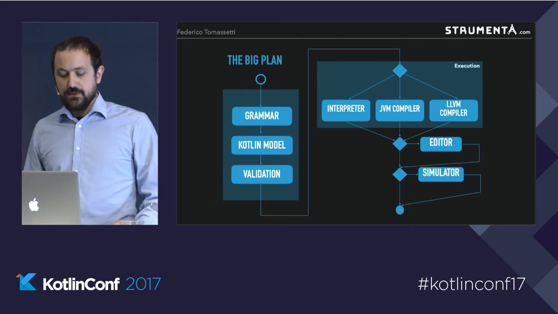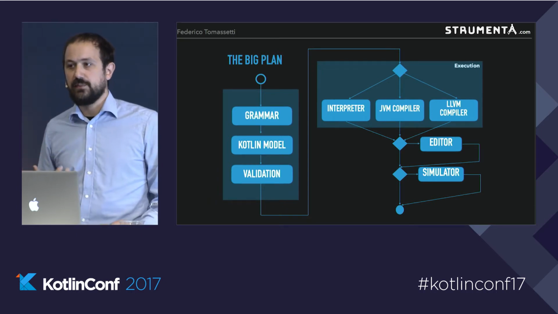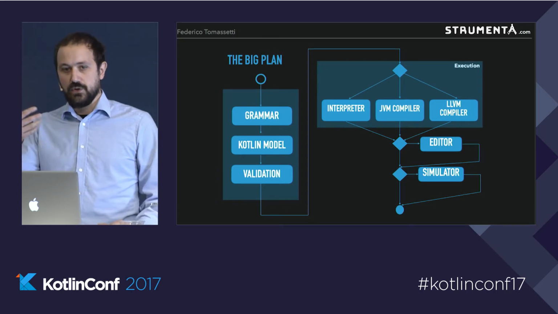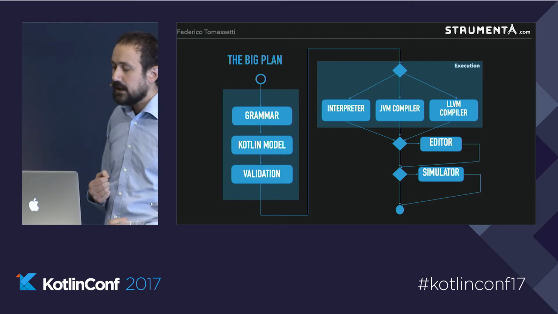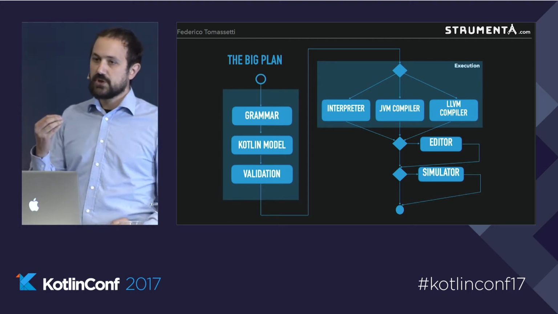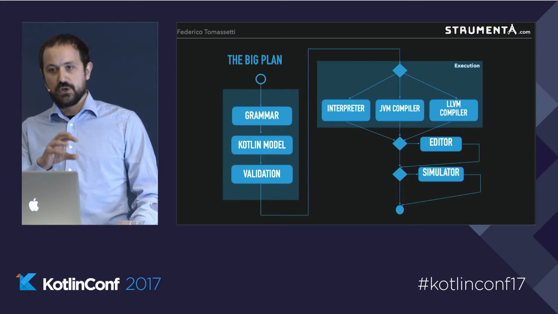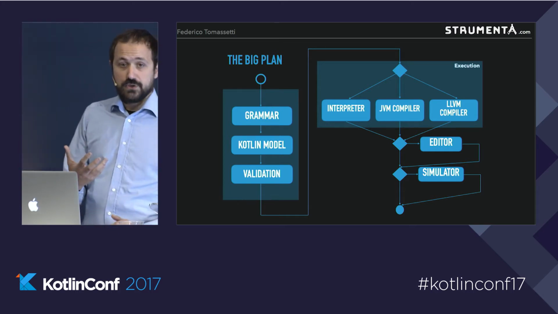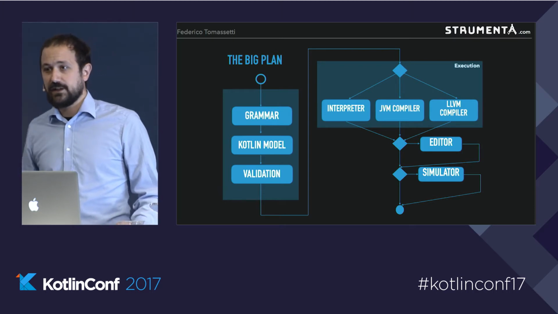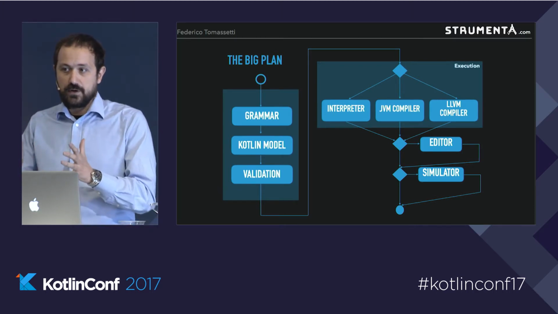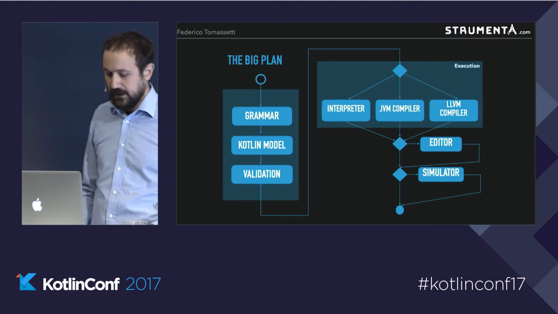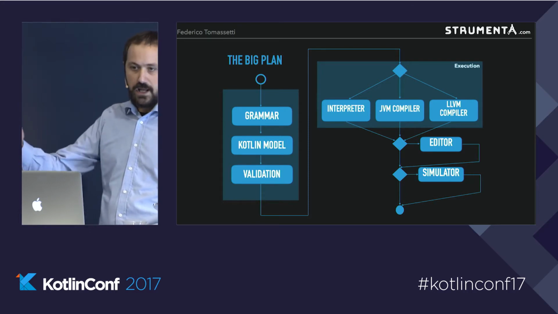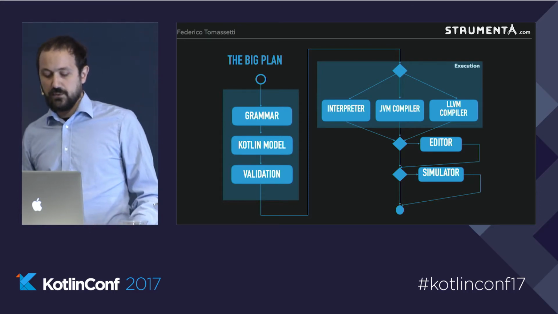And the idea is that you start by defining the grammar, so basically how your language will look to the user. Then you describe the model, so which kind of information your language needs to capture. Then you perform the validation, so you verify that the user has written everything correctly and according to the rules you have defined for your language.